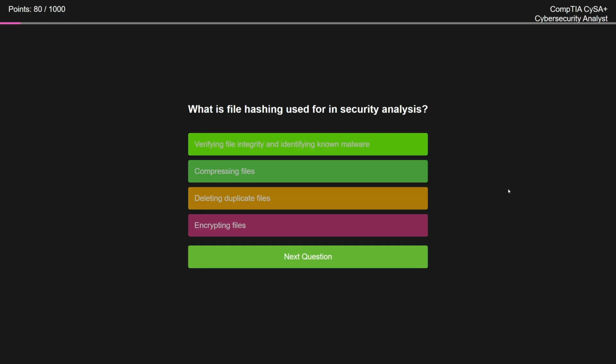What hashing does is it gives you a hash value, and different hashing algorithms give you different results, or are more secure, right? Some hashing algorithms are more secure. Verifying file integrity and identifying known malware, because the main focus of hashing isn't to identify malware. The main focus is to identify whether this was corrupted, stuff like that.